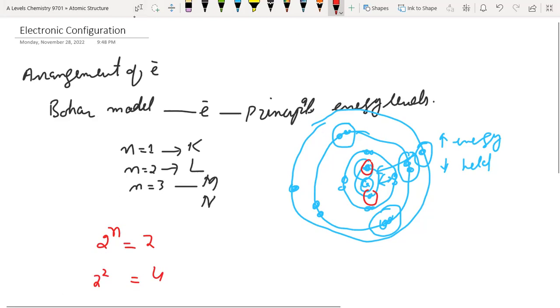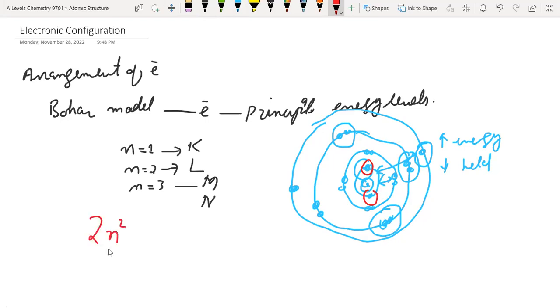Sorry, the formula is 2n². If n is 1, then it will be 2.